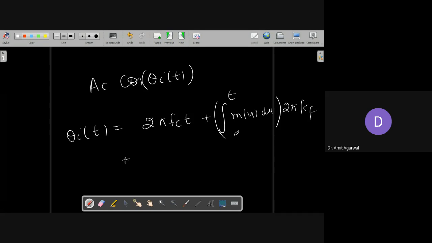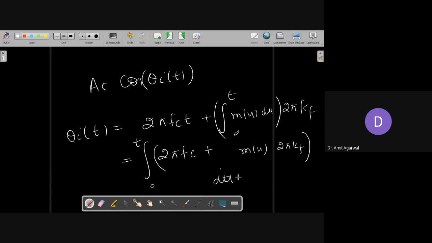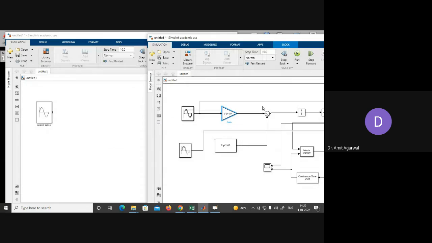So it is equivalent to 2 pi fc plus 2 pi kf m(u), the whole integral, right? You agree, right? So first we are generating this argument, and then we will integrate, and then we will provide this phase to the cosine function.